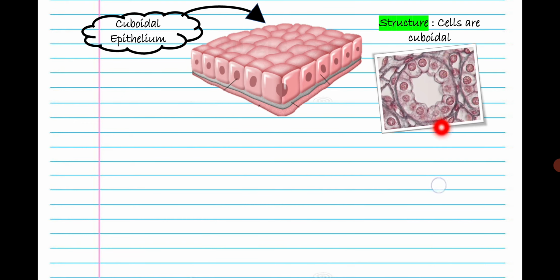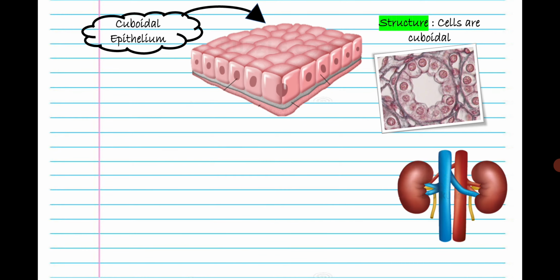Here you can see the structure of cuboidal epithelium tissue. They are not exactly cubical in shape, but they look like a cube. They are not tall, they don't have cilia, they don't have any other structure. Their structure is similar to a cube, that's why they are known as cuboidal epithelium tissue.